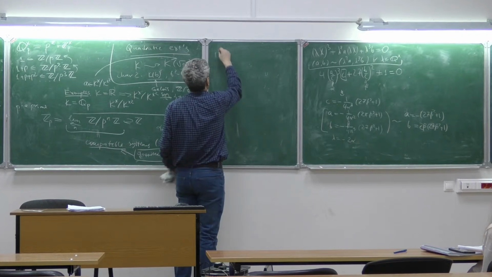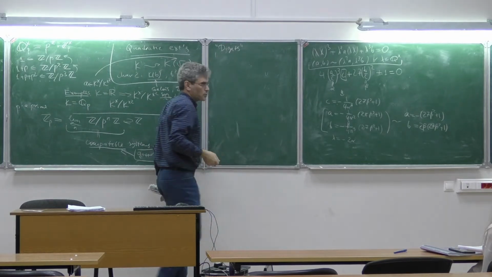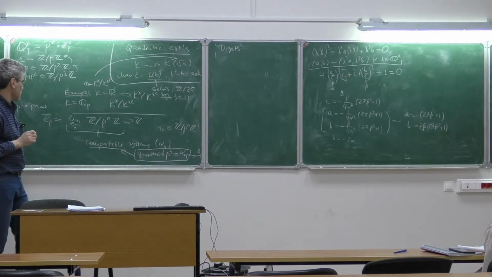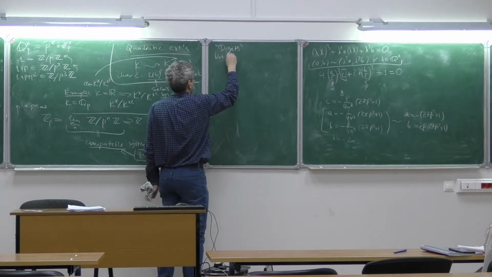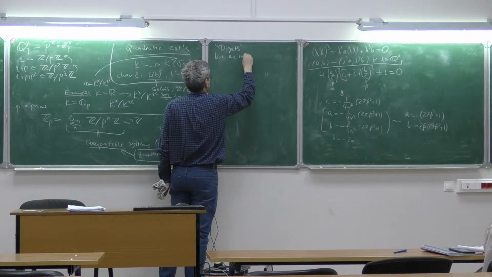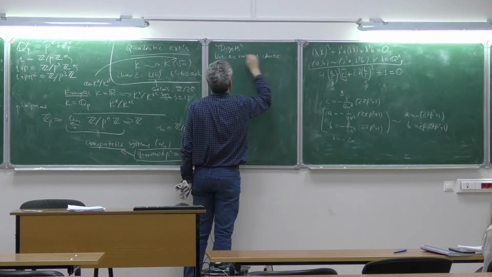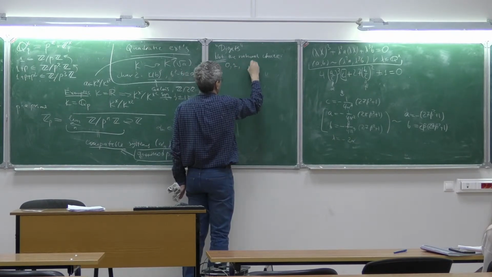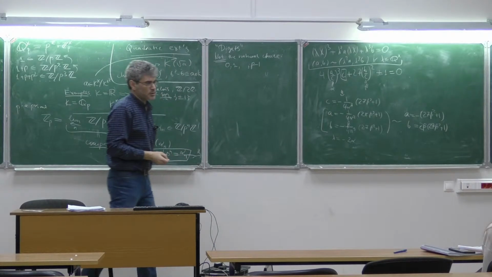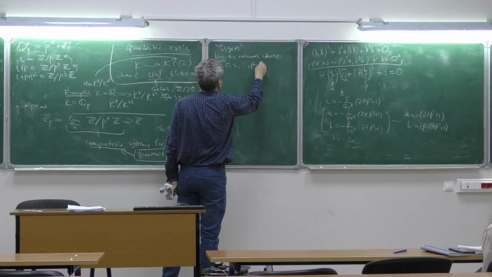There are many ways to choose digits, and one of them, not the most natural choice, is you can choose digits from 1 to p minus 1. It's not the natural one, but it's one of many possible ones.